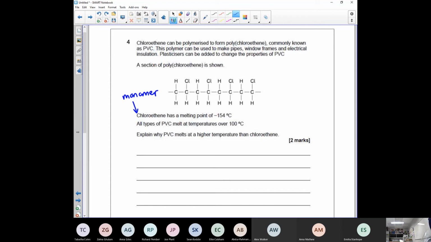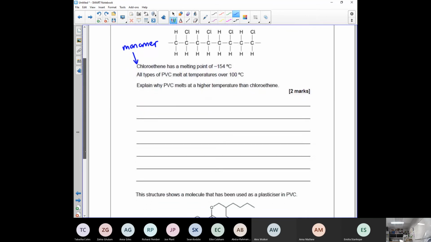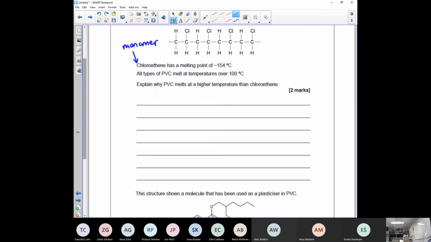You have to explain why. This goes back to bonding, which appears all the time in things. It's 2 marks and there are a lot of lines for it. I don't think we have to write too much.